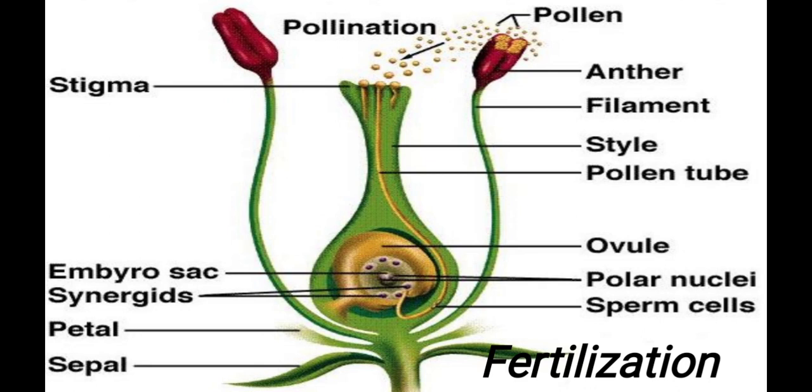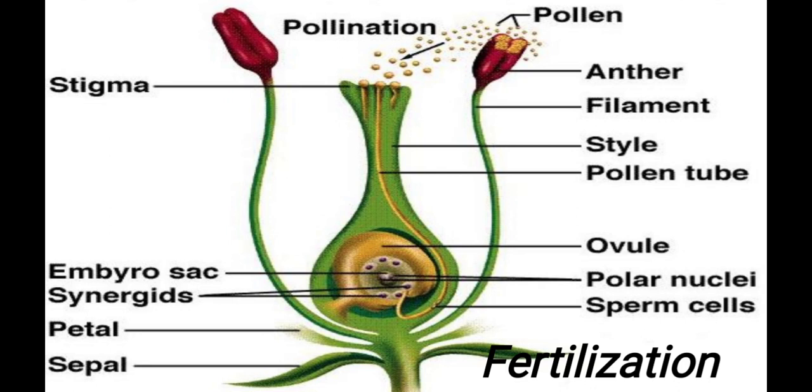Fertilization is the process by which the fusion of nuclei of male and female gametes takes place, which leads to the formation of zygotes. The pollen tube in flowering plants produces two male nuclei, out of which one fuses with the egg.